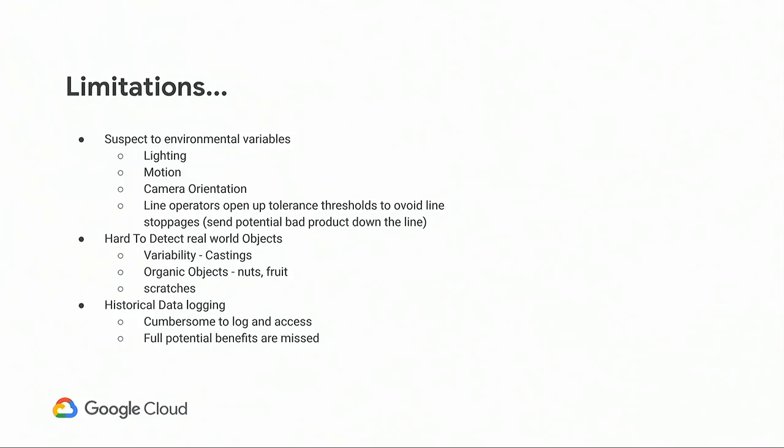If that camera happened to get bumped, that is an environmental issue that you might have to overcome. And like I had mentioned earlier, because you have these false positives, operators on the assembly line tend to open up tolerances that you've built into your software program to alleviate their jobs to get the product out the door. But what they're really doing is opening up the opportunity for failed product to be going out the door.